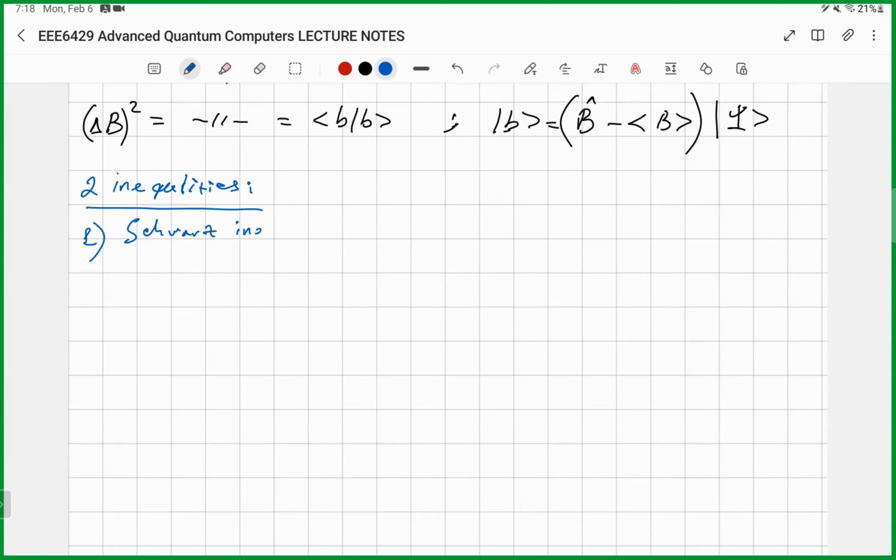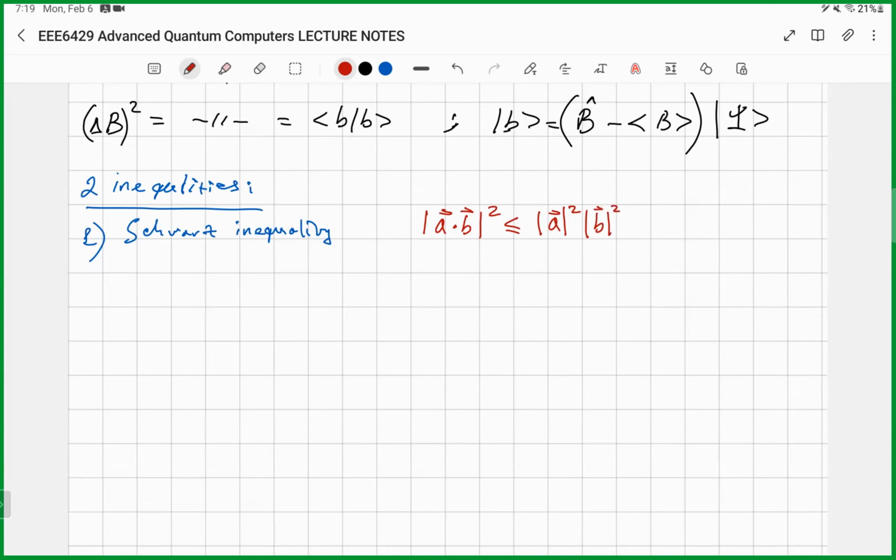It's a very well-known inequality in vector algebra, which basically says that the inner product of two vectors, vector A times vector B, squared, is of course smaller than the product of the inner products of each vector with itself.